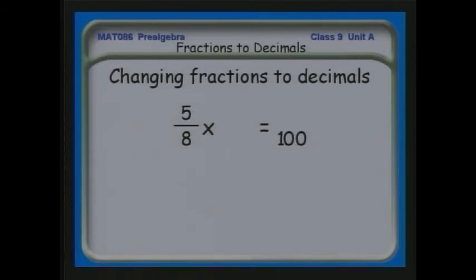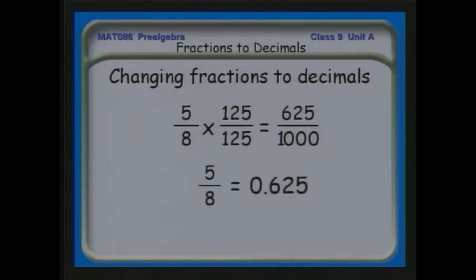What about 100? Again, there's no whole number that I could multiply 8 by to get 100, but by the time I get to 1,000, I remember I can multiply 8 by 125. If I do that to the bottom, I need to do that to the top, or the numerator, and I find that I can represent 5/8 as 625 1,000ths.